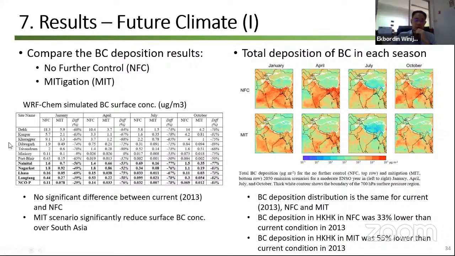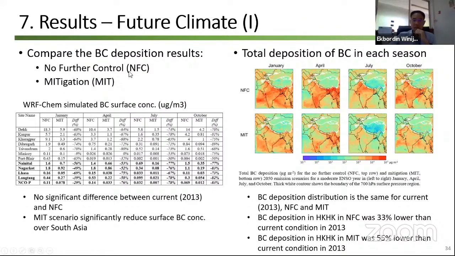When we compare the WRF-Chem output in terms of BC concentration between the no further control and mitigation scenarios, the difference is more than 60% of the modeled concentration at any site, meaning that the mitigation scenario can reduce the concentration significantly compared to the case where we don't do anything.